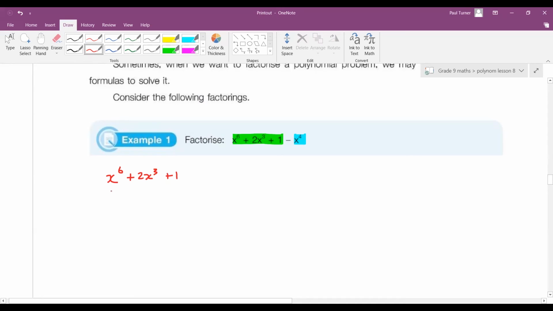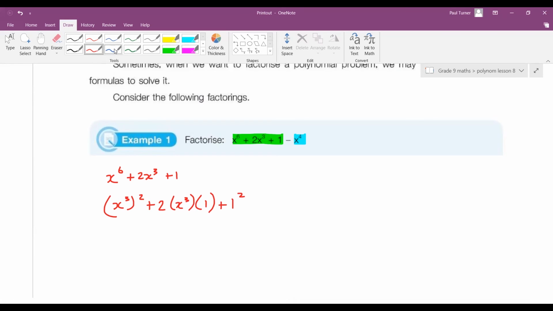This looks a bit like your perfect square rule. So we're going to have (x^3)^2 plus 2ab plus b^2. So this is actually the rule from yesterday.